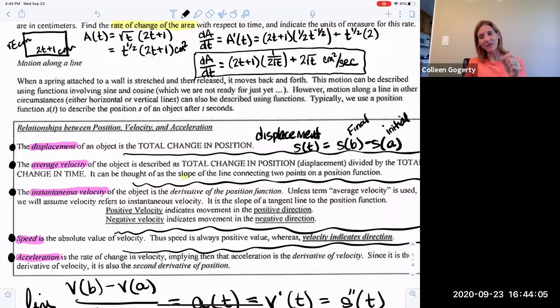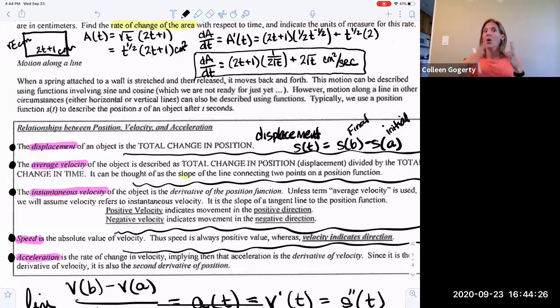Why this is different from distance is because distance will never be negative. If I walk to Niles West and I walk back home, nobody's going to say that I ended up with a distance of 0, however far I walked to school, then walked back home. However, the displacement would be 0.